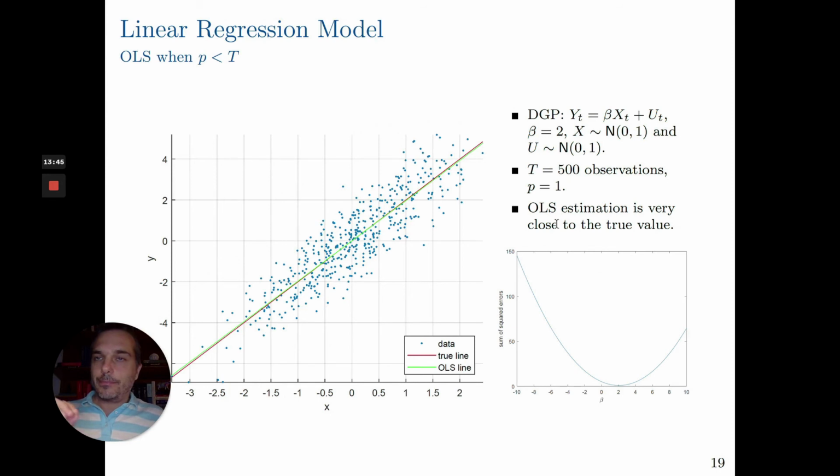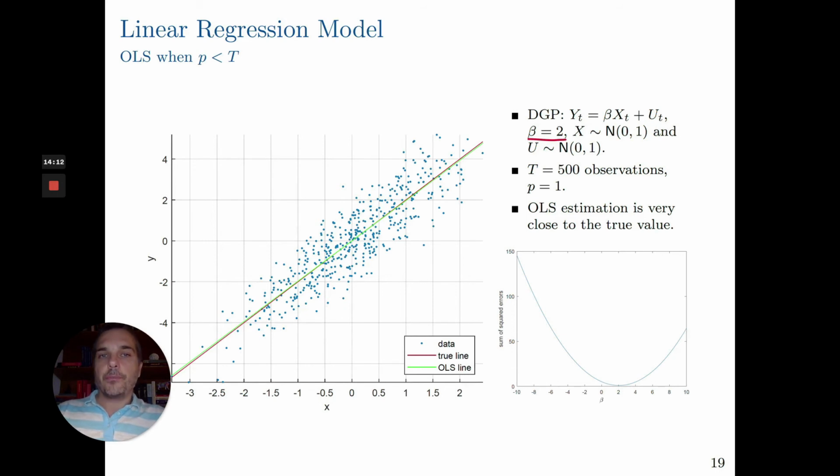So let me motivate you with an example. We have a linear regression model. We're doing OLS. T is larger than P. I'm simulating a linear model here, okay, with beta equal to 2. X is a random variable, normal distribution, zero mean, unit variance.